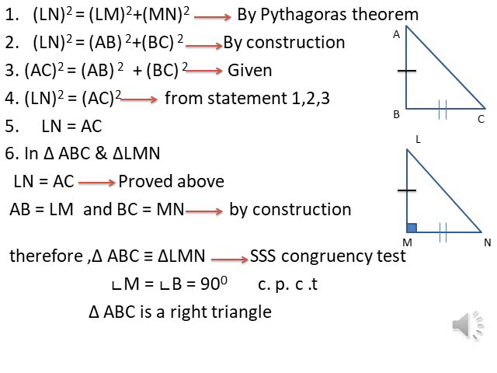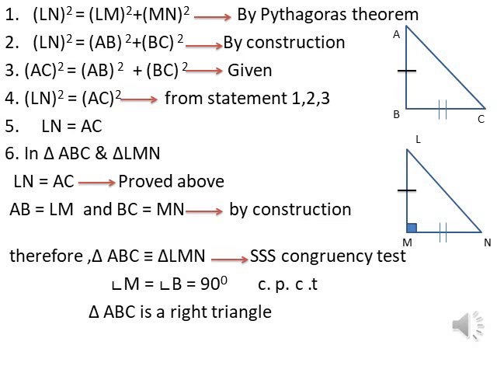Why did we prove LN equals AC? Since we want to prove that triangle ABC is congruent with triangle LMN by the side congruency rule. Now let us prove that triangles ABC and LMN are congruent.